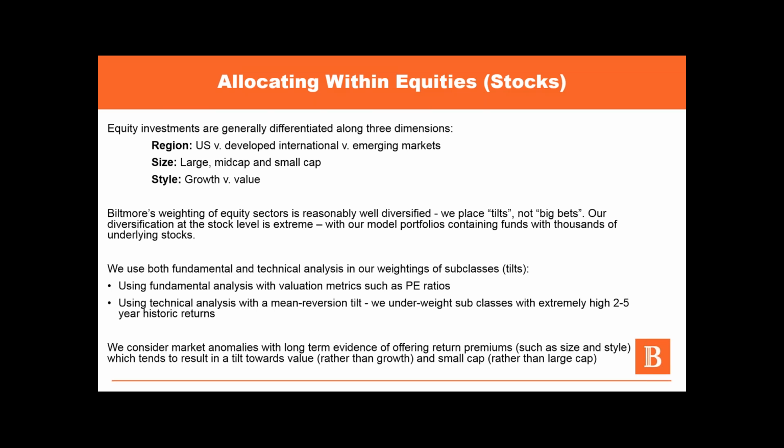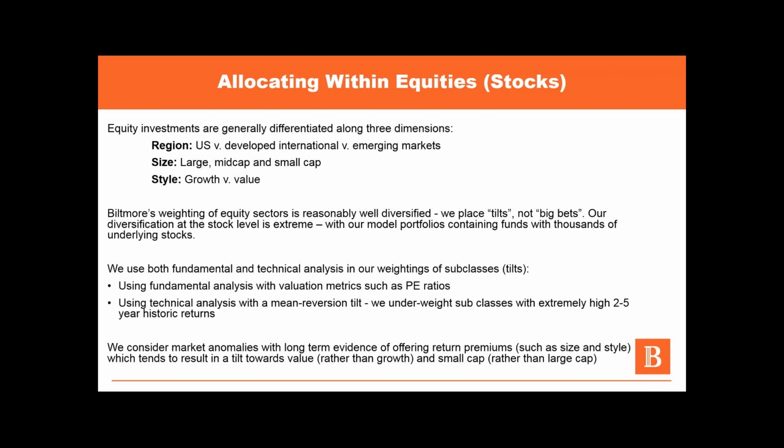Should they be in U.S., developed foreign funds, or small emerging markets? Also, what size stocks do we want to buy? Do we want to buy the huge stocks like GE and Apple, or mid caps, or small stocks, and do we want to emphasize growth or value?